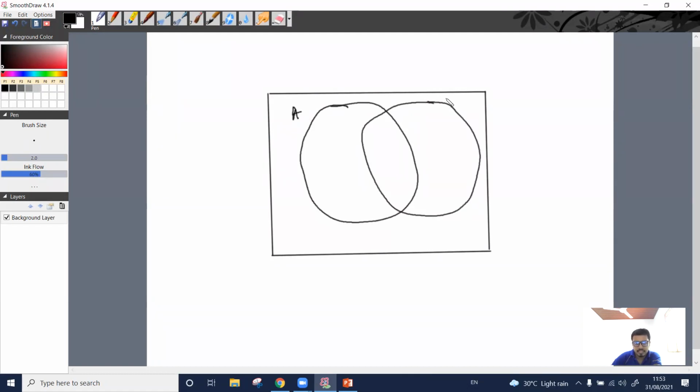This is set A and this is set B. Right. What is this particular area? What is this area?